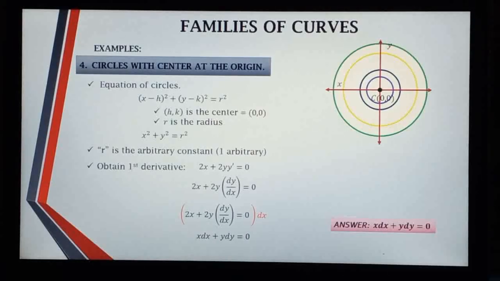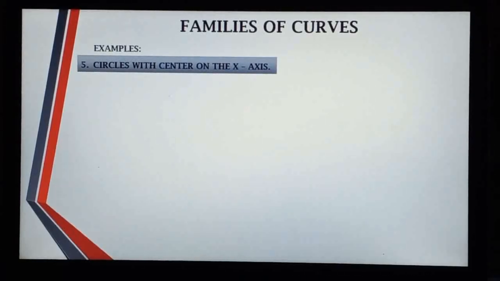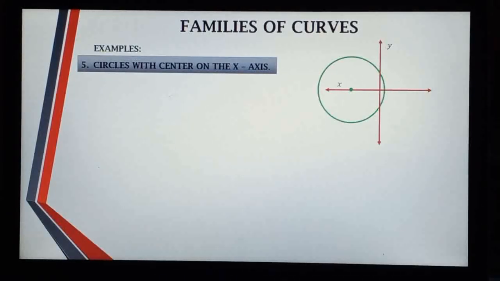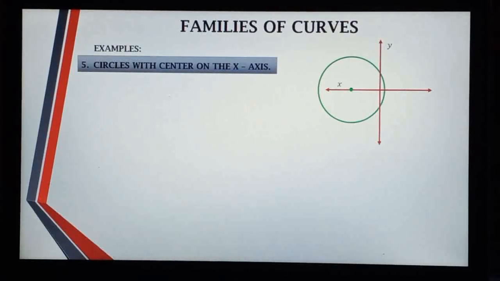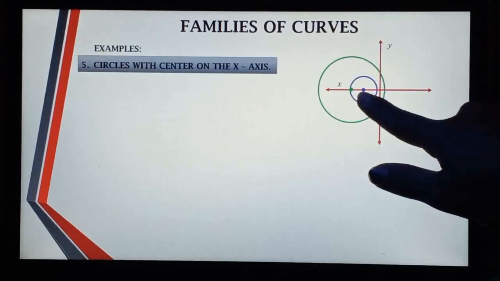Next example, example number 5, you have the circles with center on the x-axis. So let's illustrate yung given. Let's say you have your Cartesian coordinates. Circles with center on the x-axis. Ayun yung center niya sa x-axis. Next circle, ayun yung center niya sa x-axis.